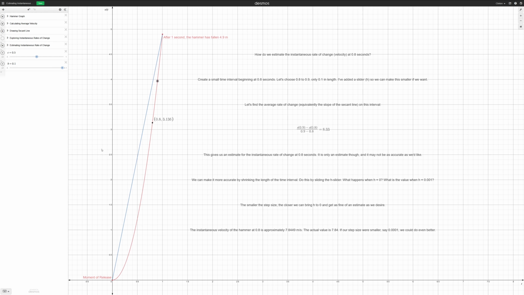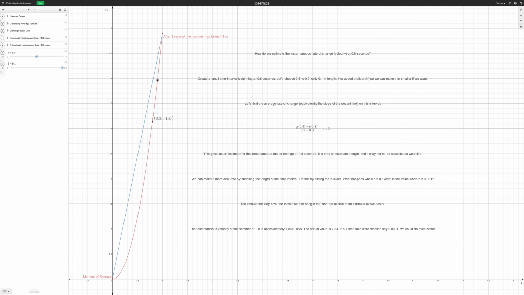So we take the y values, 3.969 minus 3.136, divided by 0.9 minus 0.8. If you do that, you get 8.33. So this gives us an estimate for the instantaneous rate of change.